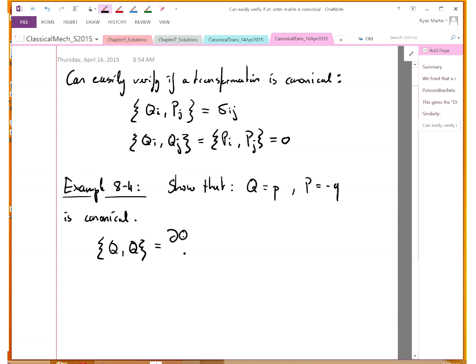So that's di capital Q by di lowercase q, di capital Q by di lowercase p, and then minus the opposite, which is di capital Q by di lowercase p, times di capital Q by di lowercase q.